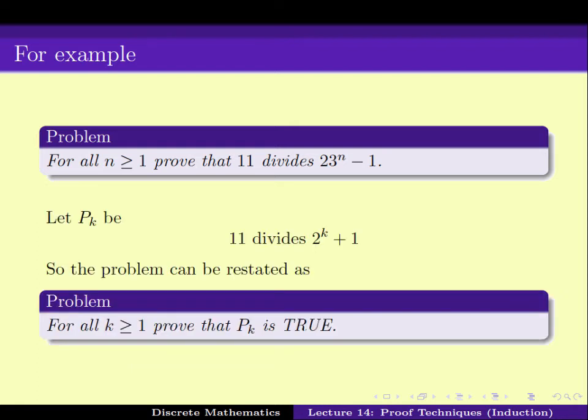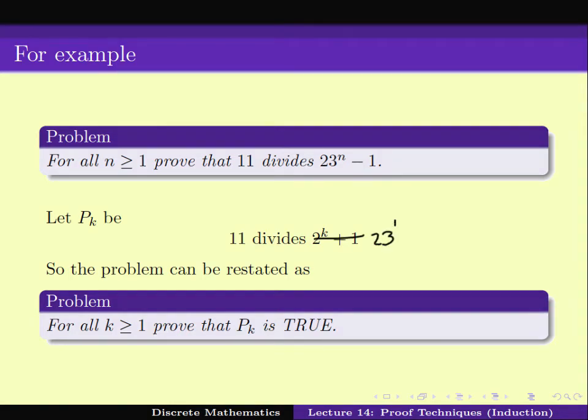In other words, Pk is 11 divides, sorry, again I made a mistake here, this should be 23k plus 1. So 11 divides 23k plus 1. So the problem can be restated as: for all k, prove that Pk is true. So again I broke this original problem into infinitely many problems, each parameterized by an integer, namely here k.